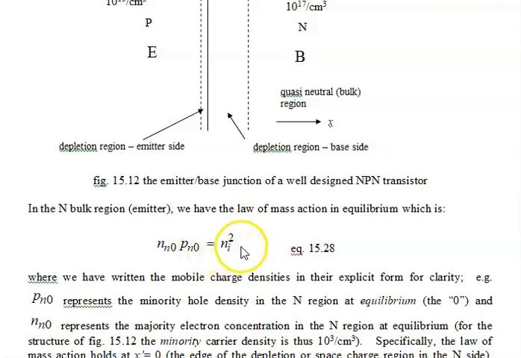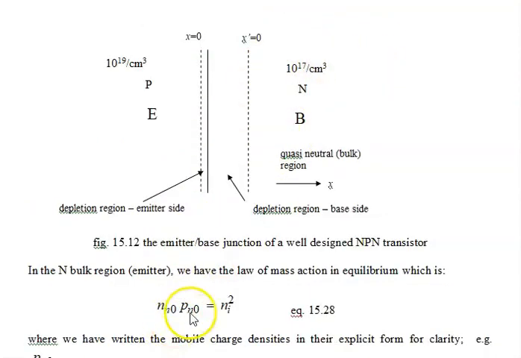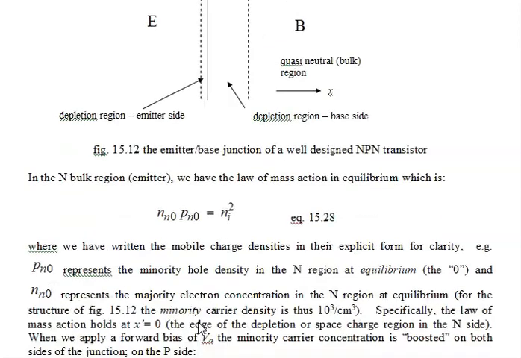Ni squared, of course, is 10 to the 20th, 10 to the 10 squared. In this particular case, the NN0 is 10 to the 17th, and the PN0, therefore, is 10 to the 3rd. Again, we've seen that quite a number of times.